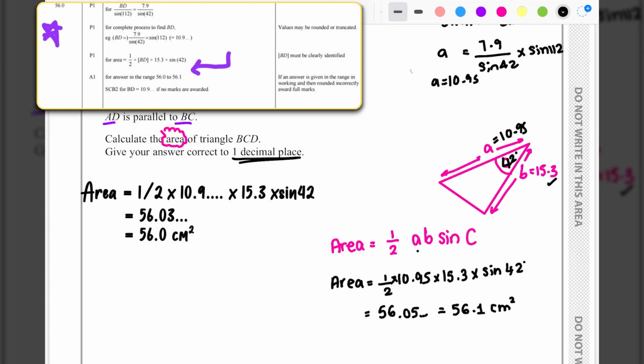Then you substitute it straight away into the equation, times b, which is 15.3, times sine 42 times 0.5, and you actually end up with 56.03, so to 1 decimal place, your area equals 56.